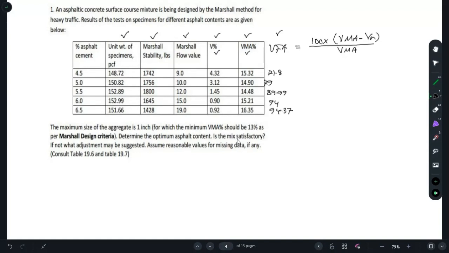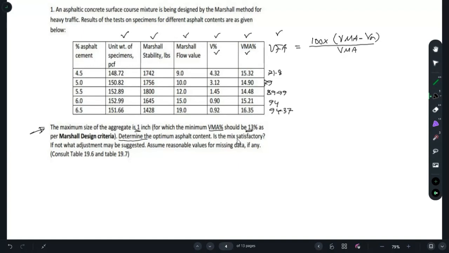So these are the six criteria, and you have a little bit of information: the maximum size of aggregate was 1 inch, and for that your VMA percentage should be 13% as minimum. So VMA should be a minimum of 13% for your optimum asphalt content.